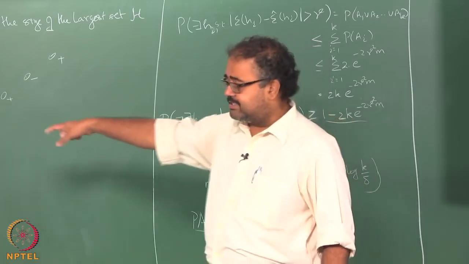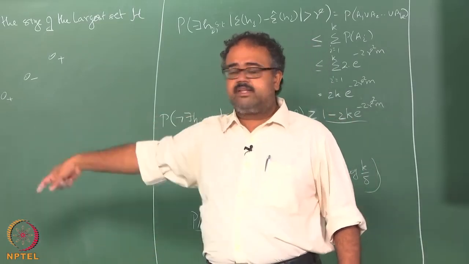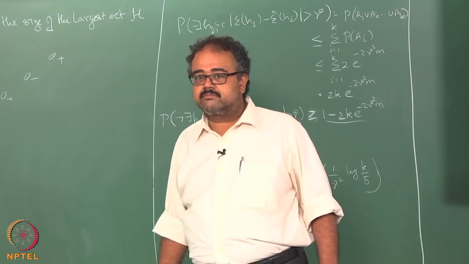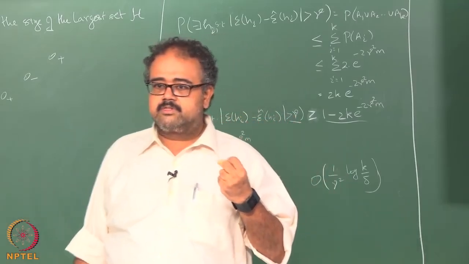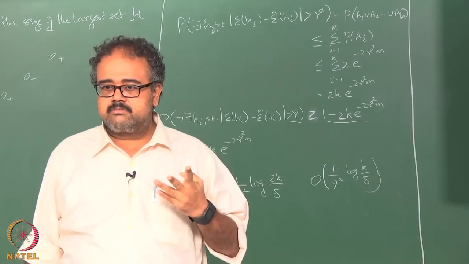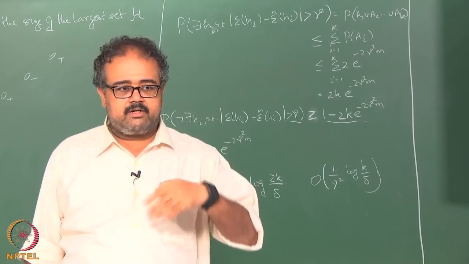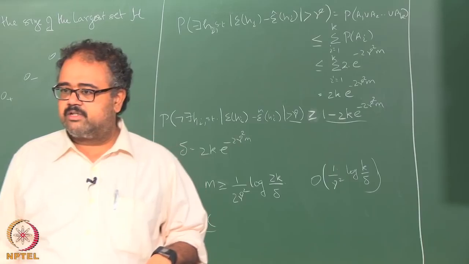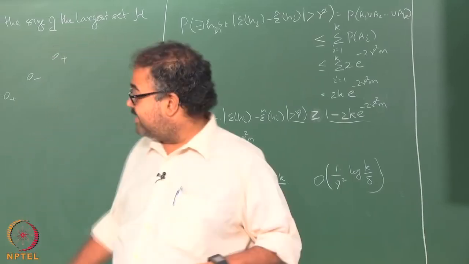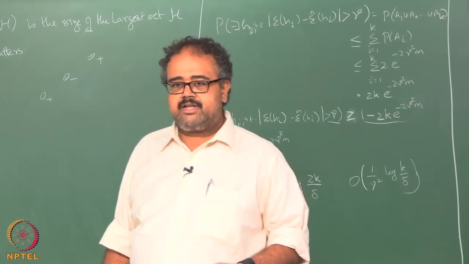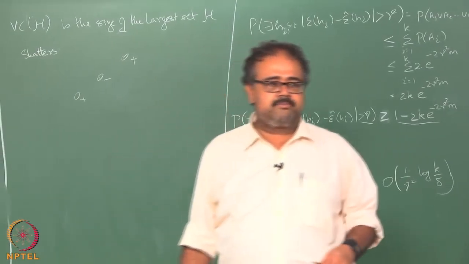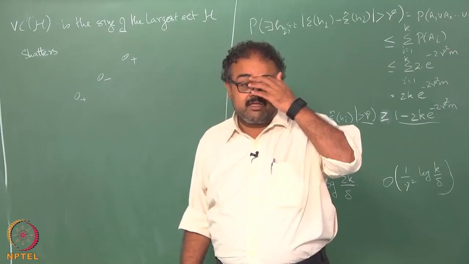So if you think about it, straight lines, how many parameters are there in this case? 2 or 3? 2, slope and intercept, that is all you have, right. So you have 2 parameters, and the VC dimension is 3, close, right. It will be close to the number of parameters that you have.